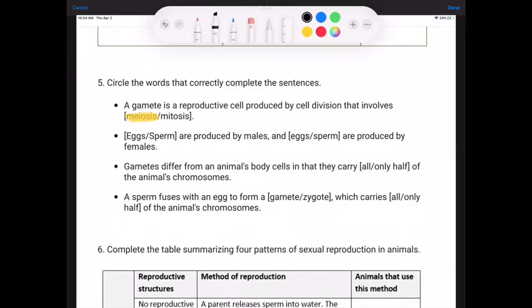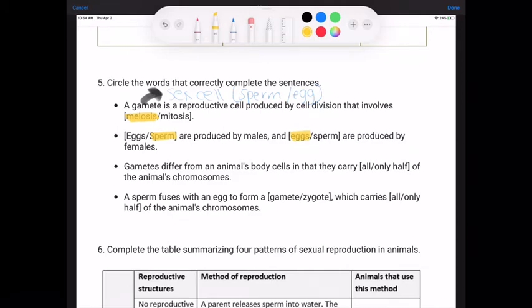The reason it's meiosis is a gamete is a sex cell. Gametes are sperm and egg. So males produce sperm, and females produce the egg.